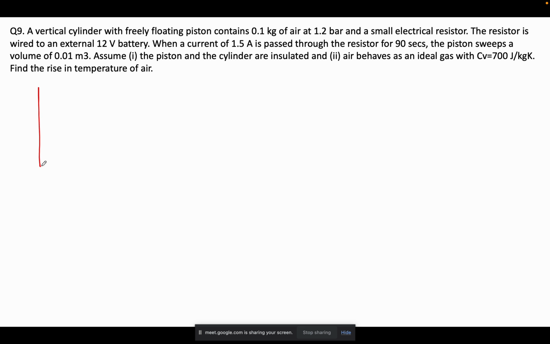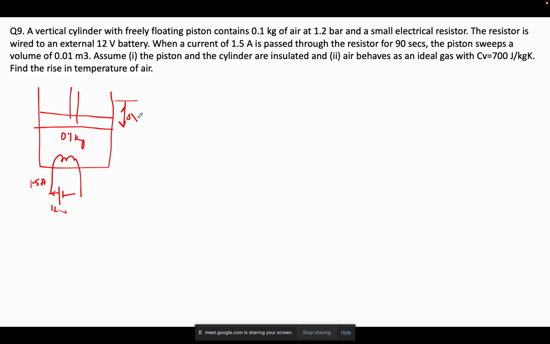Okay, so what is the condition given? A vertical piston cylinder arrangement is given. Okay, so this is the piston, and this contains a mass of 0.1 kg of air. Then there is an electric resistor that is connected with an external voltage of 12 volt, and a current of 1.5 ampere is passing through it. This piston sweeps a volume, delta V, given to us as 0.01 meter cube.